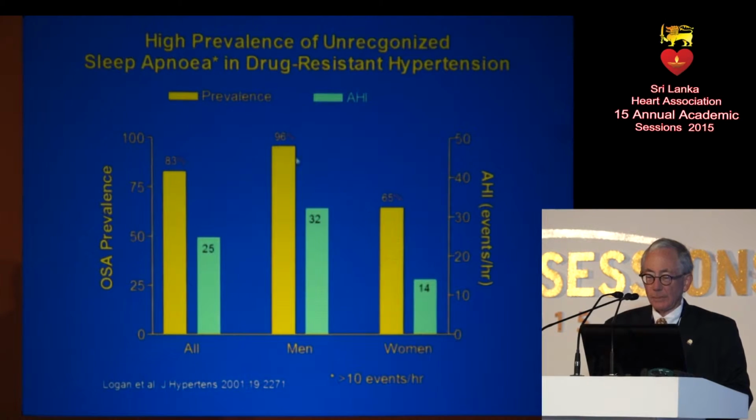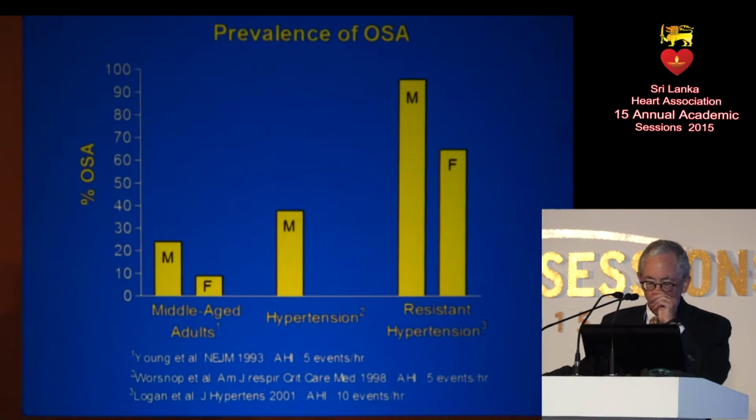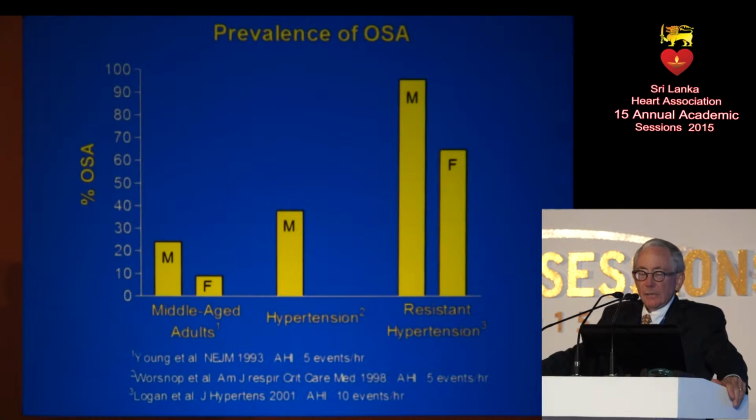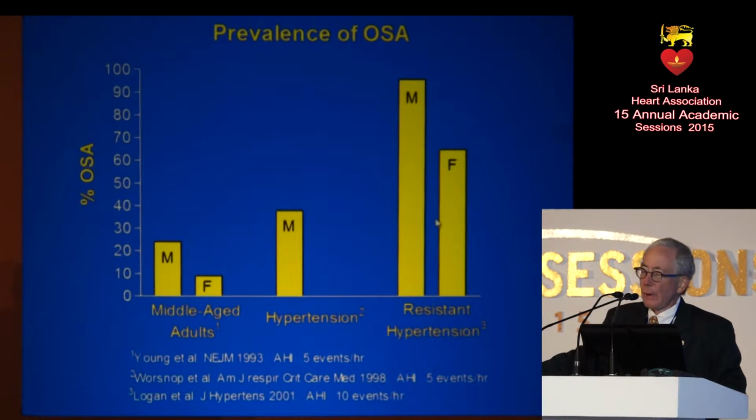This is prevalence, and this is the apnea hypopnea index in people with obstructive sleep apnea. So look at this. These are the percentage of people with obstructive sleep apnea. Contrast resistant hypertensives with, obviously, the rest of the group here.